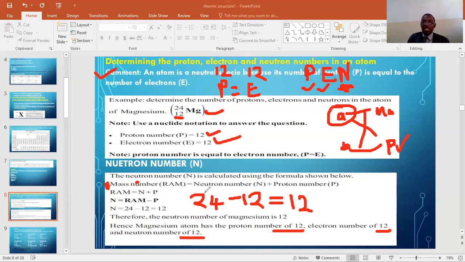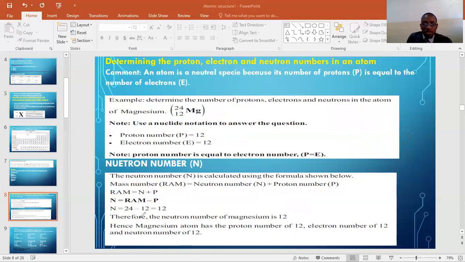So basically, that is how we determine the neutron number. You just get what is on top, you subtract what is at the bottom, then you get the neutron number. Let's look at more examples just to consolidate on the concept.